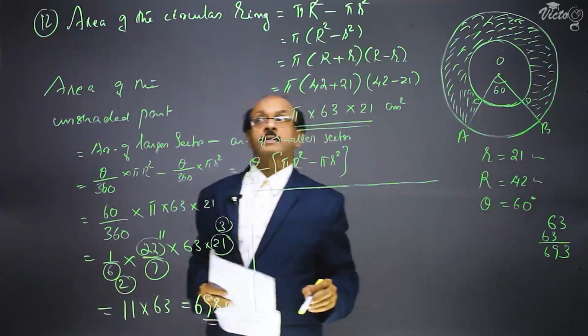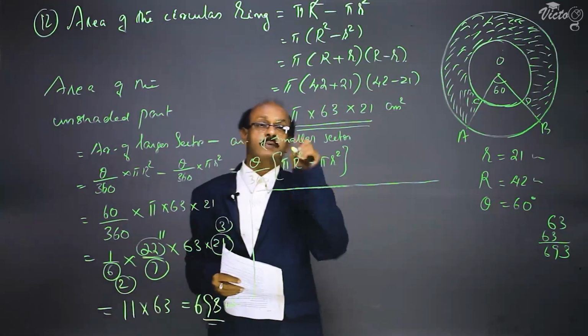Now we have to subtract this area from the area of the circular ring.